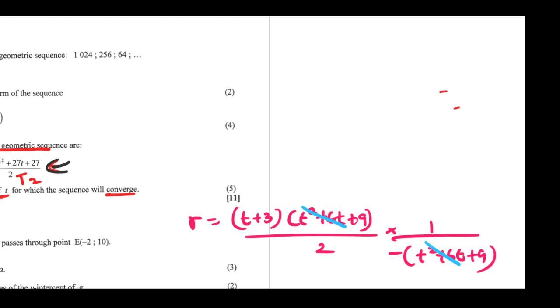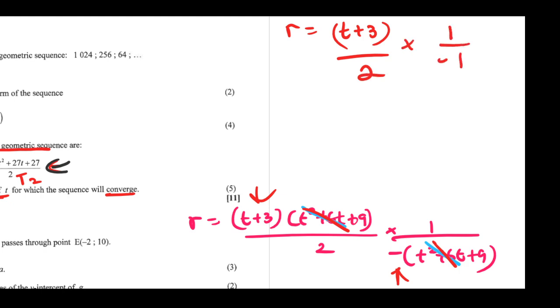So now that we divided out this and this, the negative remains, don't forget it. So my r is going to be equal to t plus 3, divided by 2 multiplied by 1 over minus 1. So this minus 1 will multiply this 2 here, and we have r is equal to t plus 3 over minus 2, right?